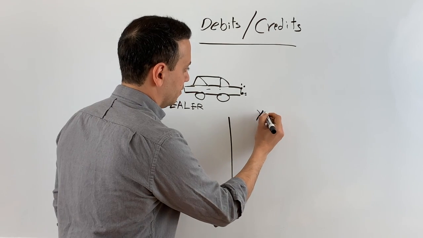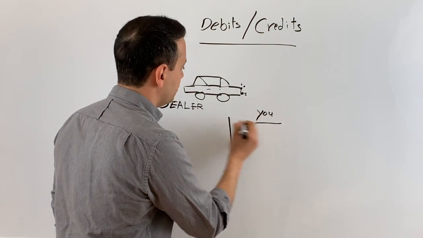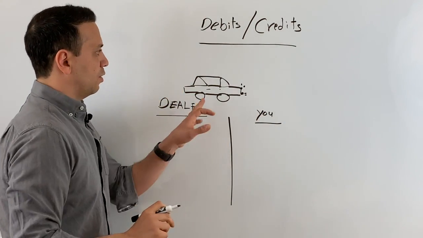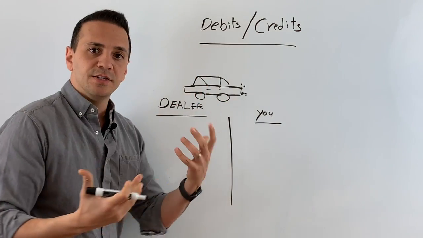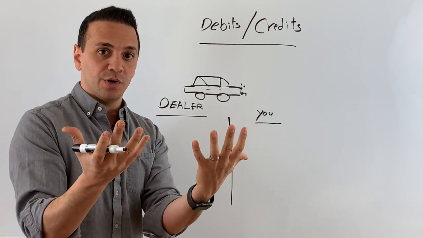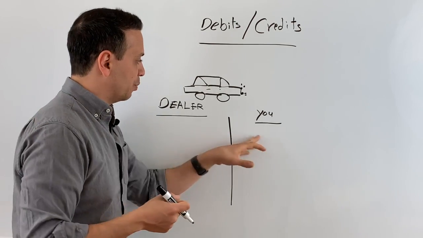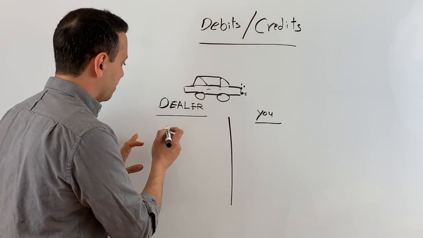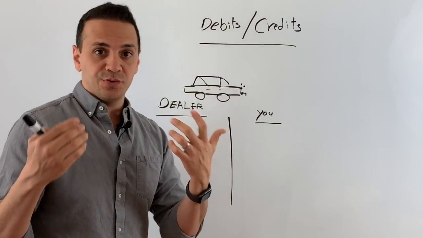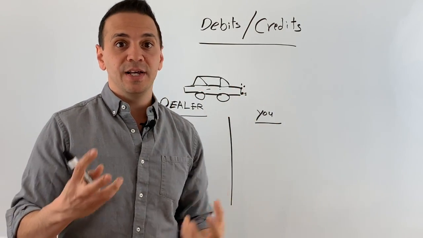You're buying the car from the dealer. So from the dealer's perspective, they are giving away a car, and they're giving the car up in return for cash. You're paying them cash. And so what they need to record is, there are two sides to this transaction: there is revenue and there is cash.